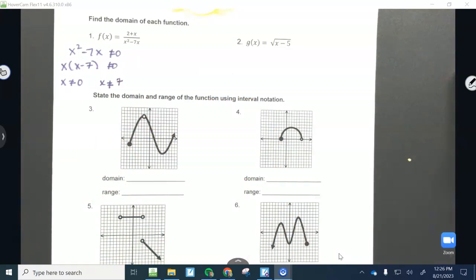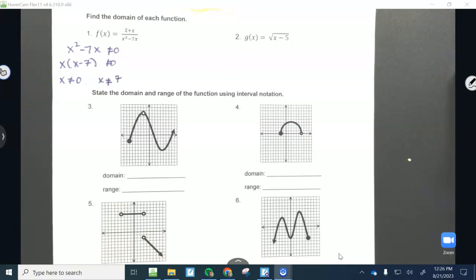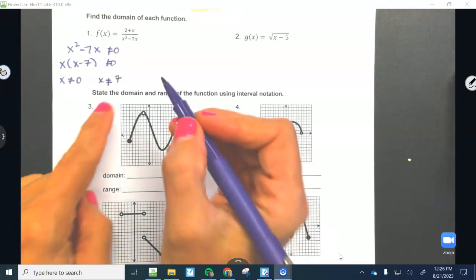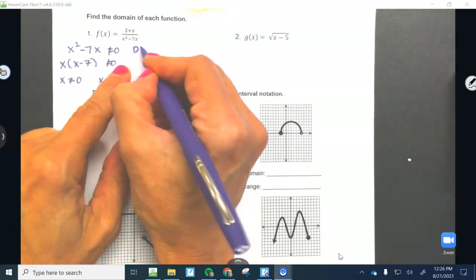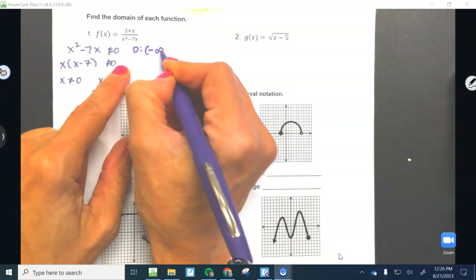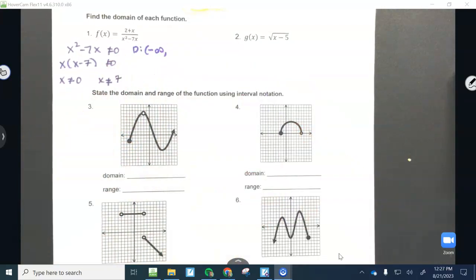However, you guys, on tests and quizzes, especially free response, I'm going to ask you to always write it in interval notation. So let's talk about how this is going to look in interval notation. You have to write it in order from least to greatest. We're going to start with negative infinity. And negative infinity is going to take us all the way up to our lowest exclusion.